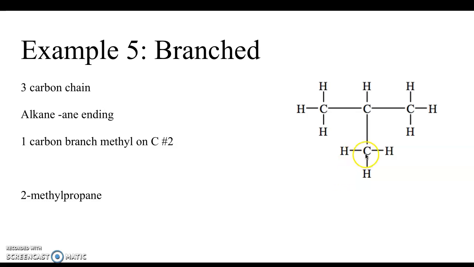Branches get named by the number of carbons in them, so this has 1 carbon, so it's "meth," and they get a "yl" ending for methyl. The name of the side chain goes in front of the main chain, so this ends up being 2-methylpropane. Propane for our 3-carbon chain, methyl for our branch, and it's on carbon number 2.